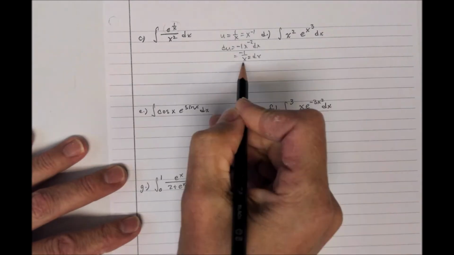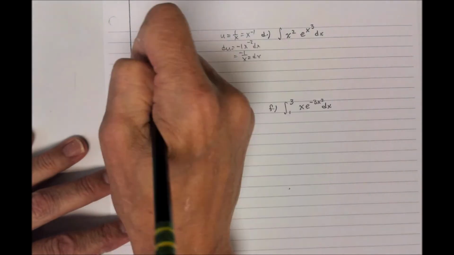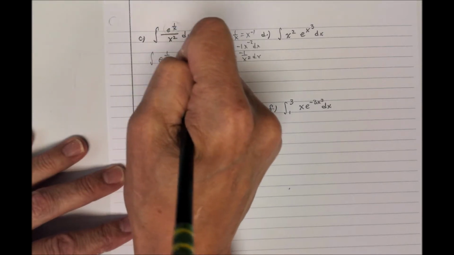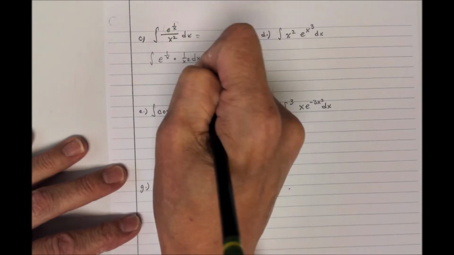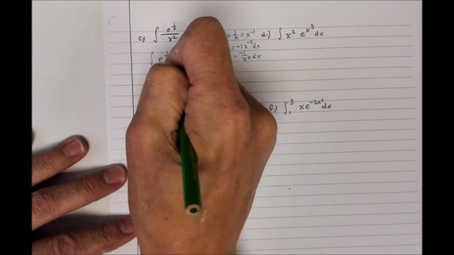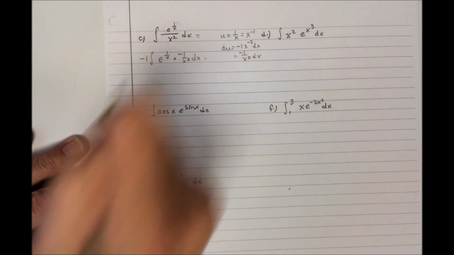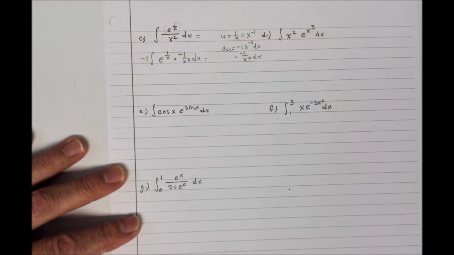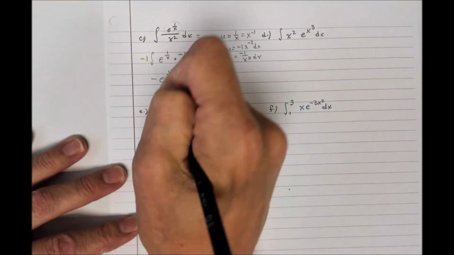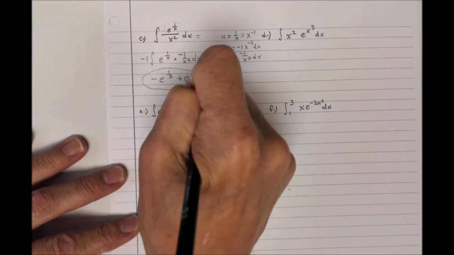Do you see the x squared in the denominator? I could think of this as e to the 1 over x times 1 over x squared dx. I'm trying to make it fit the form of e to the u du. So I just need to finagle a negative 1 there. And I get the opposite of e to the 1 over x, the opposite of e to the u, plus a constant. There's my guy.